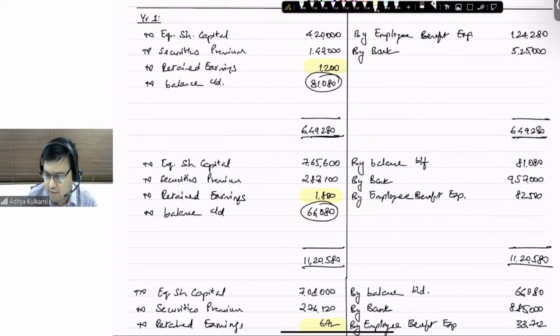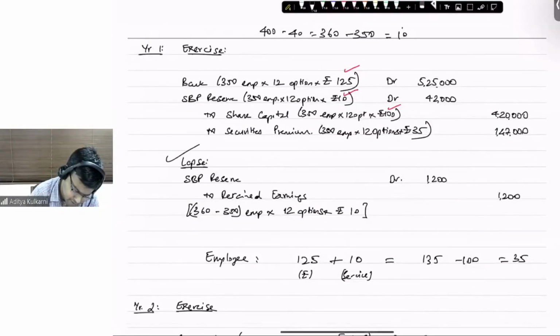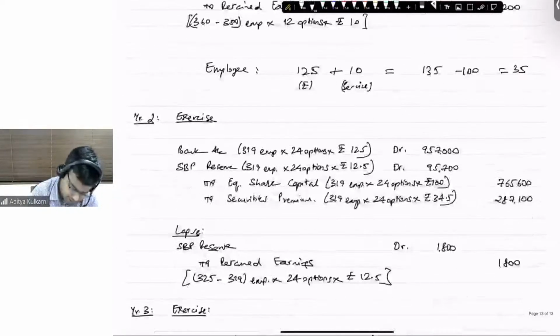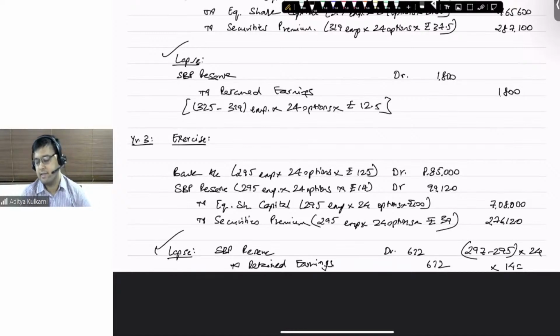Okay, so forfeitures are also recorded. Everywhere I have written lapse, lapse, lapse. Okay, so that is also written. So all right, excellent. So that takes care of graded vesting.